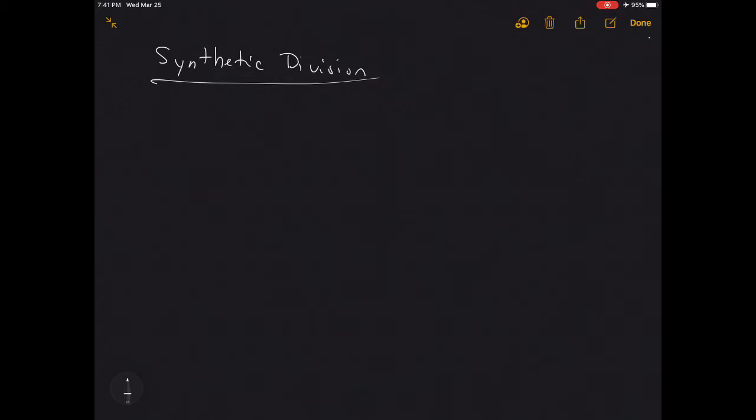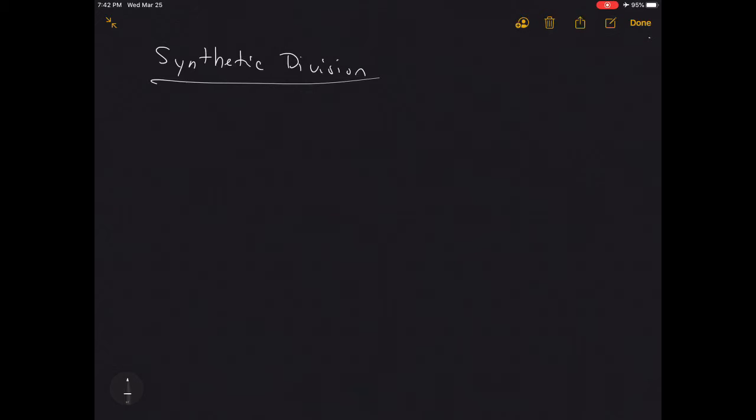And here's the thing. This is only going to work as long as your divisor, or the number on the outside, is a linear factor. So what do I mean by that?